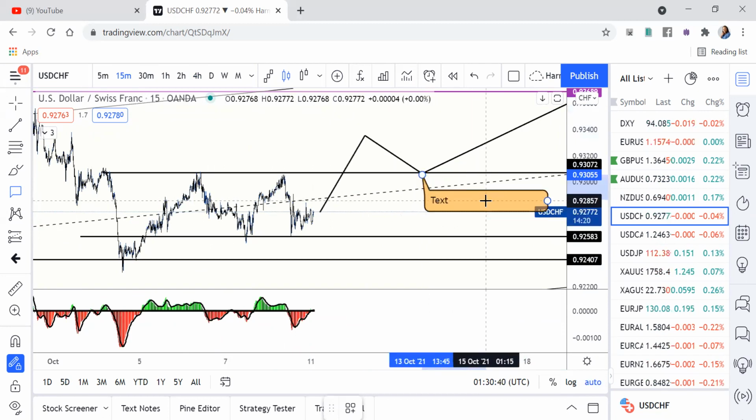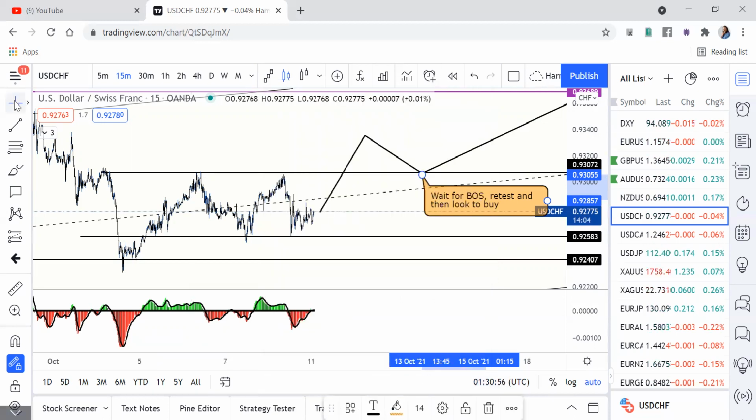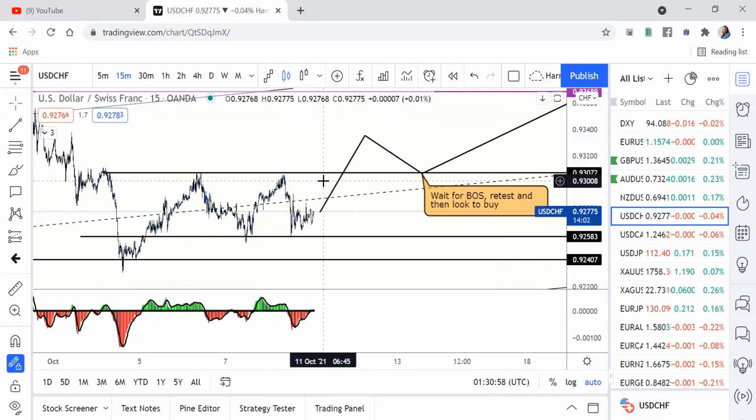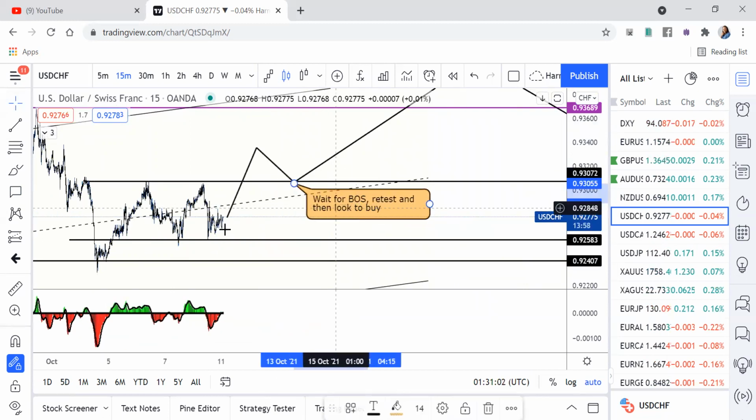Very, very simple. So that's what we're waiting on. Wait for break of structure, retest, and then look to buy on USDCHF.